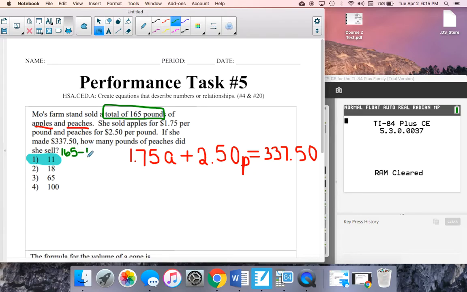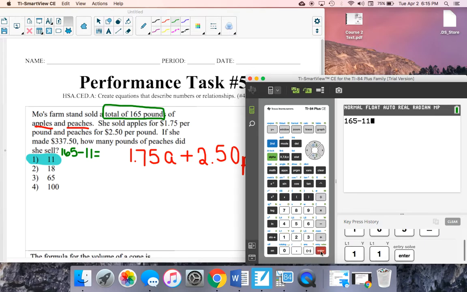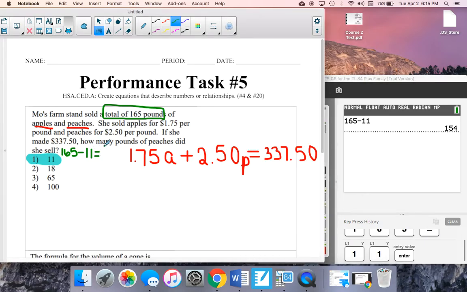minus 11, and you put that into your calculator and get 154. Okay, so for answer choice 1, if she sold 11 peaches, then she sold 154 apples, and we're going to see if this works.